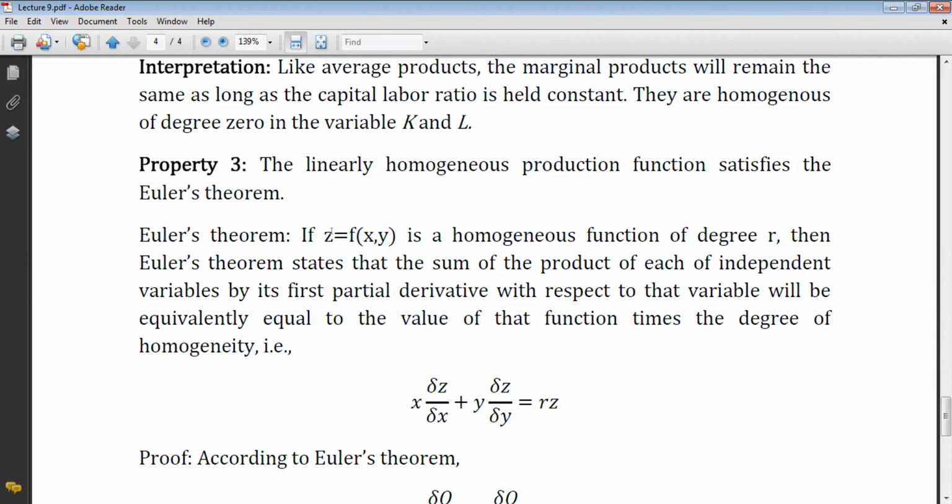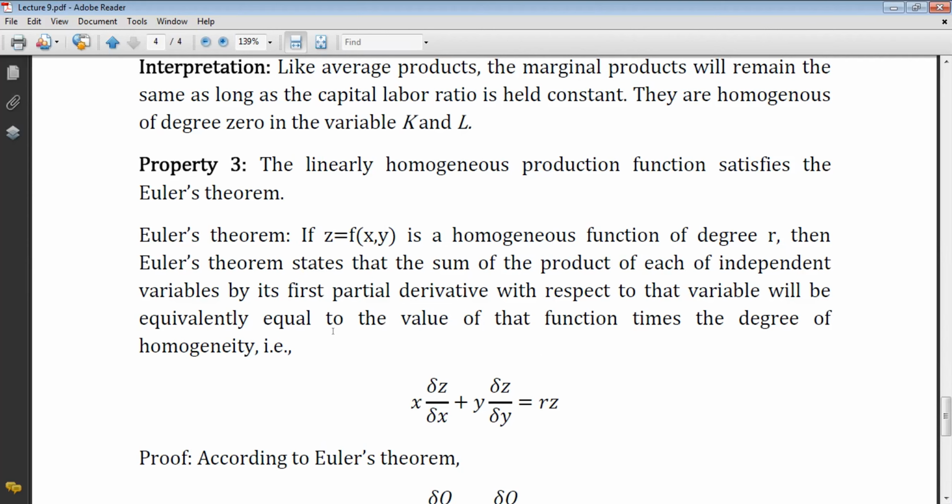Then we have to sum it with the product of the independent variable y and its first derivative, that is, the first derivative of z with respect to y. That means x into del z by del x plus y into del z by del y.